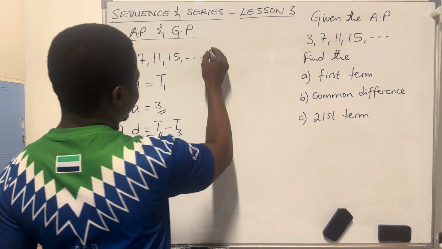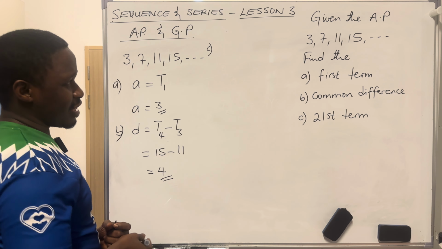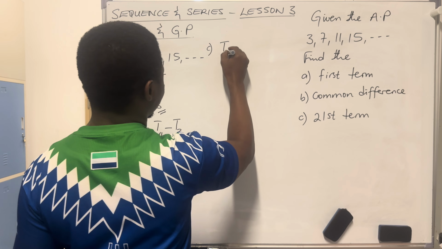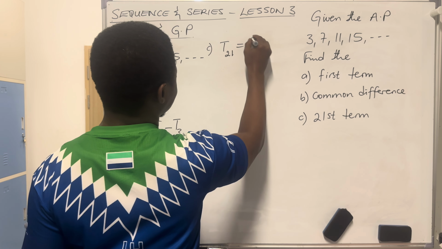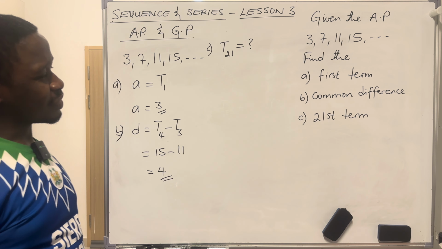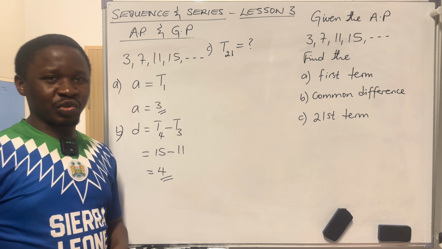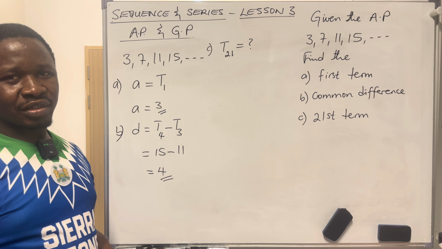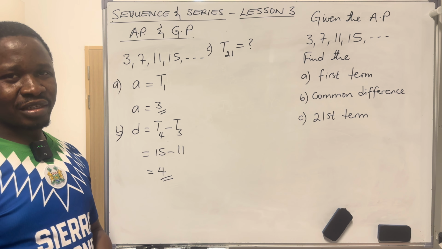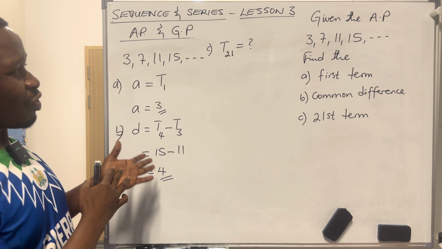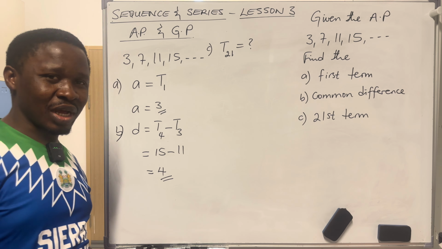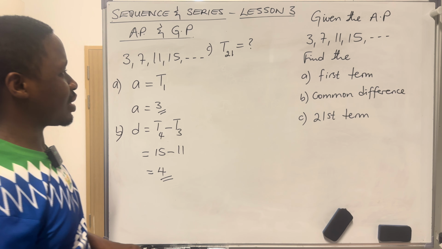So C, we want to find the 21st term. If you want, you can write the formula first. Otherwise, you don't need to write the formula. But for beginners, let us just write the formula so that they understand how it is dealt with.